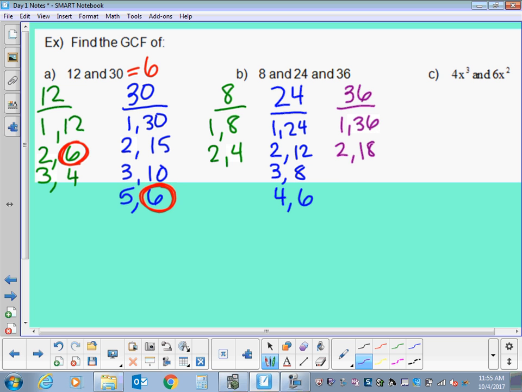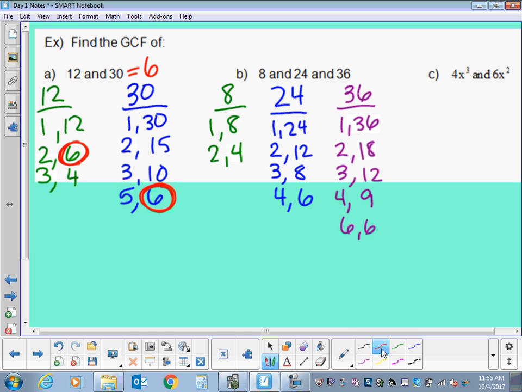All right, let's try 3. 36 divided by 3. 12. 36 divided by 4. Does that work? 9. 4 and 9. 5 does not work. 6 works, right? Yeah, 6 and 6.